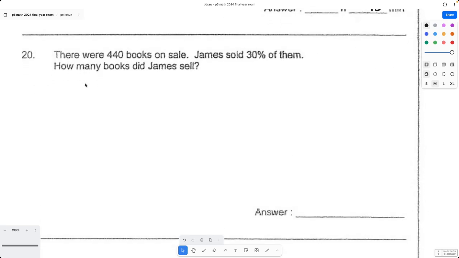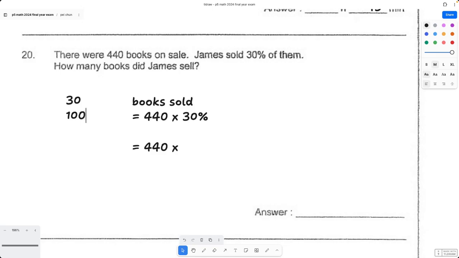Question 20. There were 440 books on sale. James sold 30% of them. How many books did James sell? The books sold is equal to 440 multiplied by 30%, which is 440 multiplied by 30 out of 100.